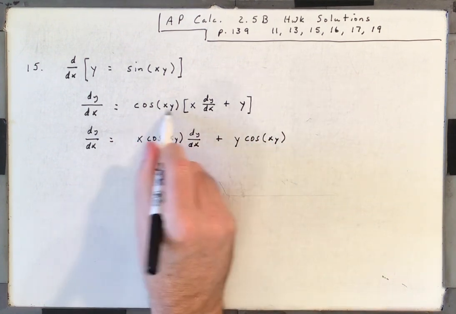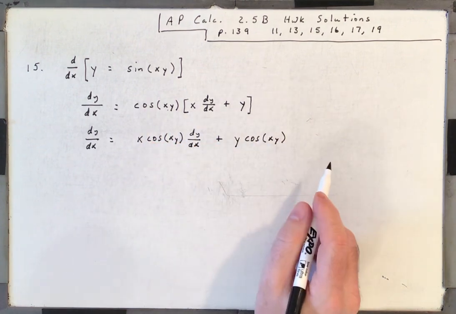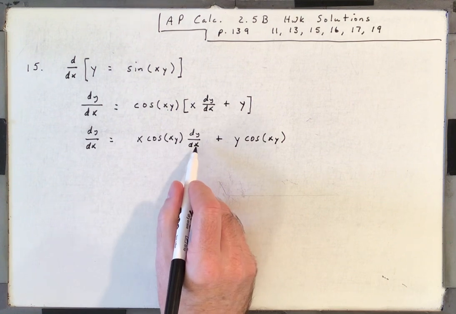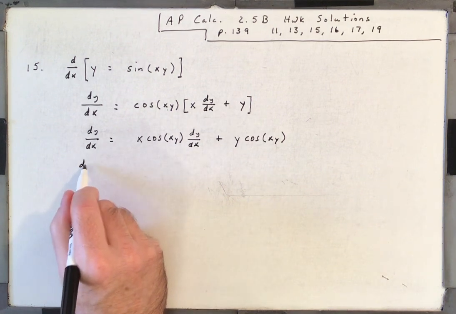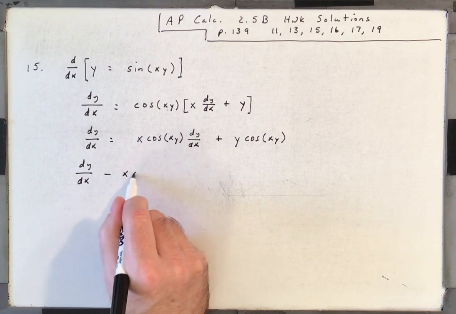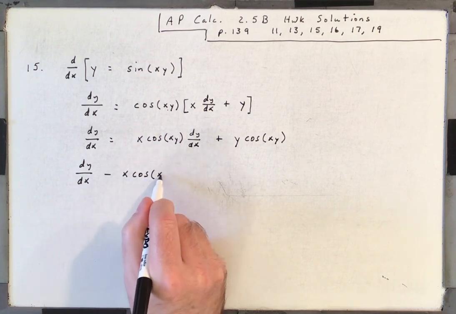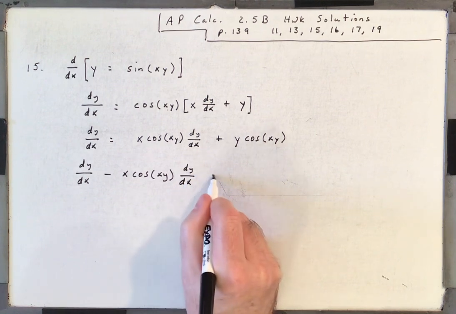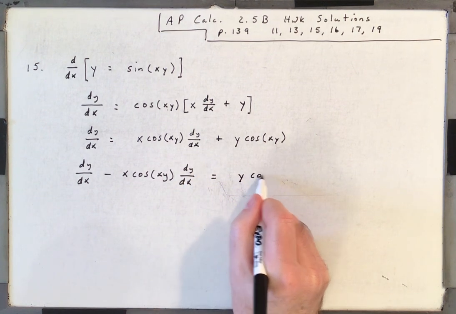So I'm multiplying the cosine xy by both of these terms. Now I'm going to bring the dy dx term on the right over to the left. So I have dy dx minus x cosine xy dy dx equals y cosine xy.